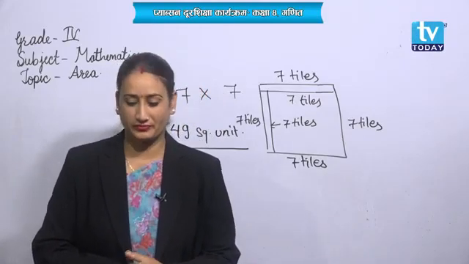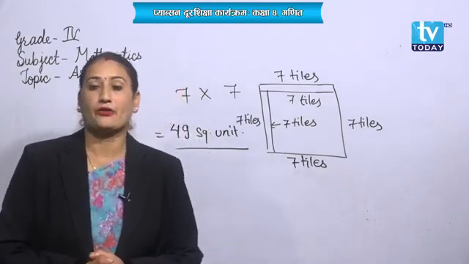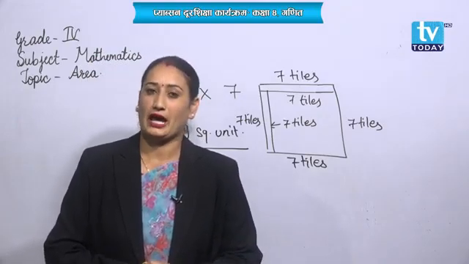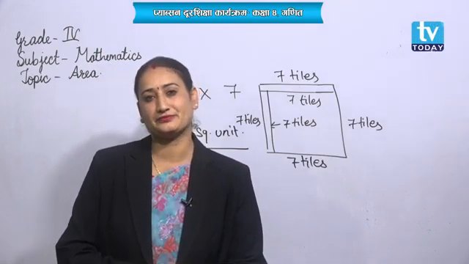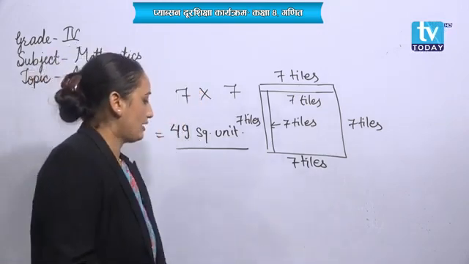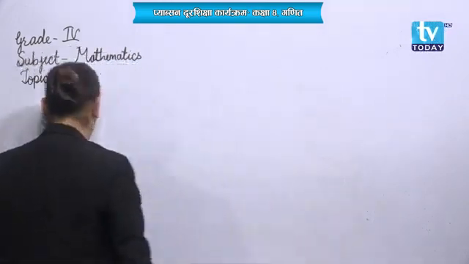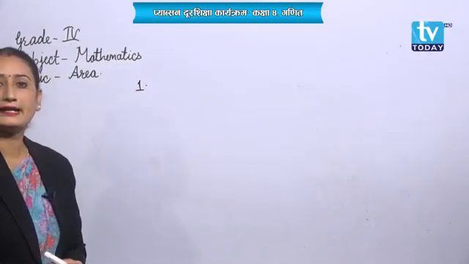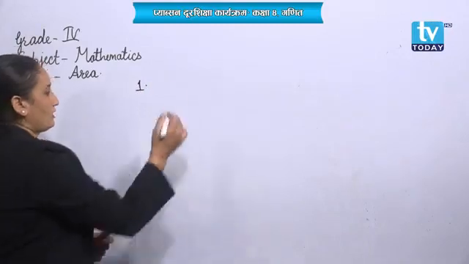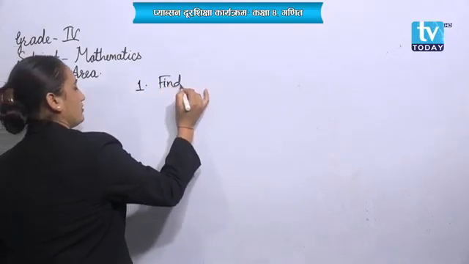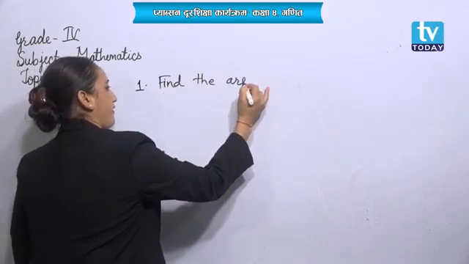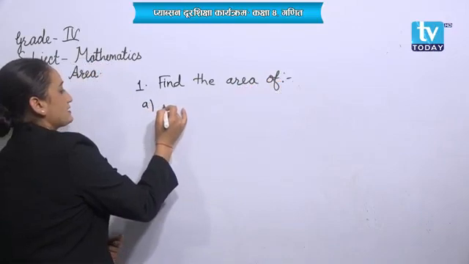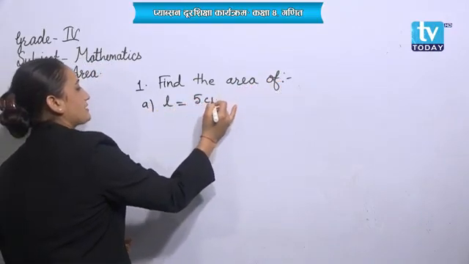Okay, students. Now, let's enter some exercises inside your book. Are you ready to do one exercise? Now, have a look at your question. First question. Find the area of a square whose length is given as 5 cm.